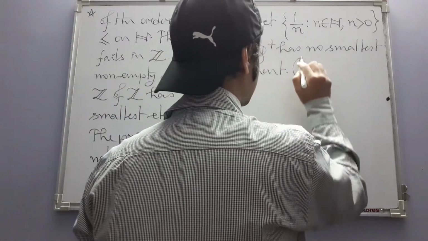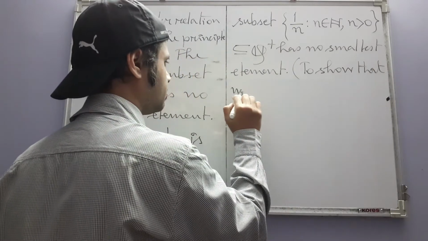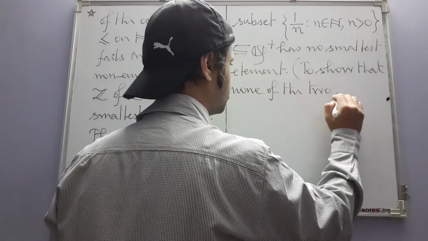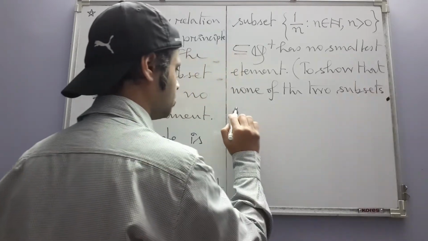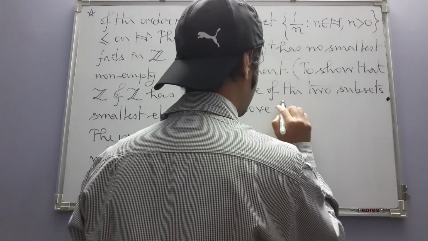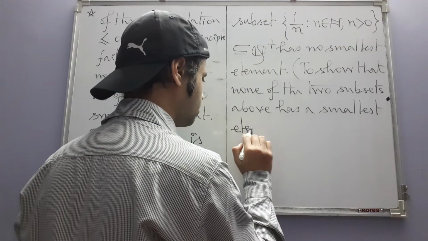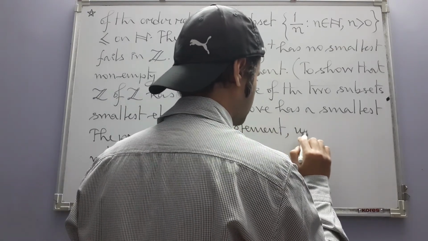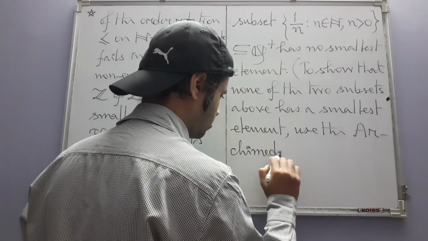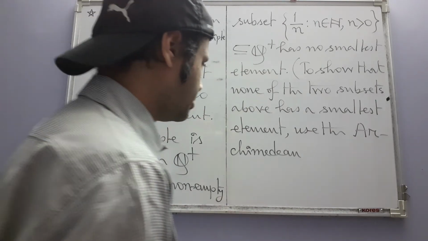So in brackets I write: to show that none of the two subsets above, this one and this one, has a smallest element, use the Archimedean property.